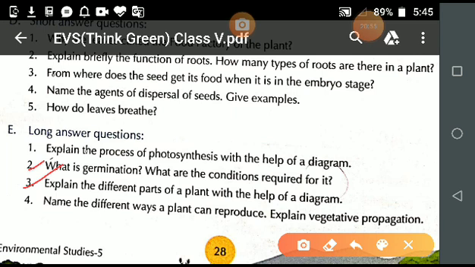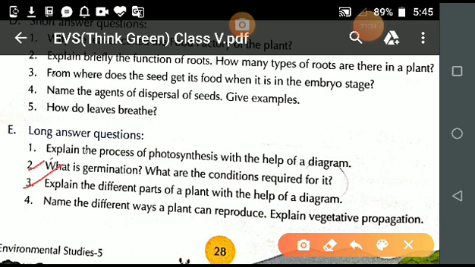Now, what is the role of leaves? So, students, leaves play a very important role, because leaves are also known as the kitchen of the plant. Leaf is that part of the plant which prepares food. Is it clear?